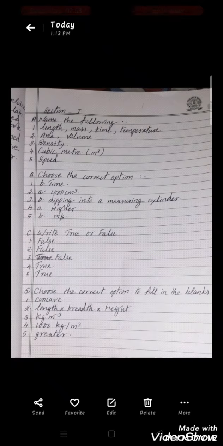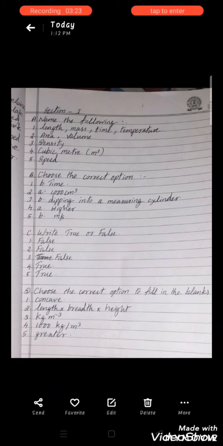Then next, number 2, 1 liter is 1000 centimeter cube. Then number 3, the volume of a stone can be measured by dipping into a measuring cylinder.